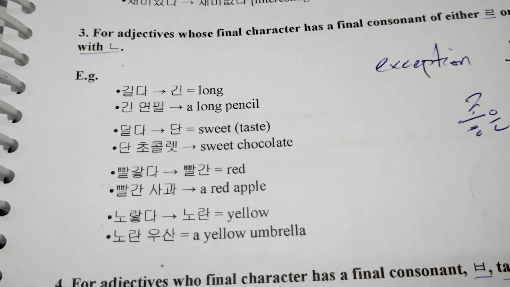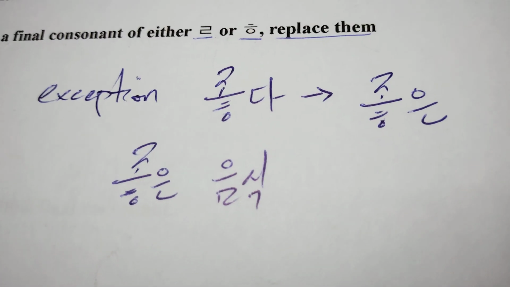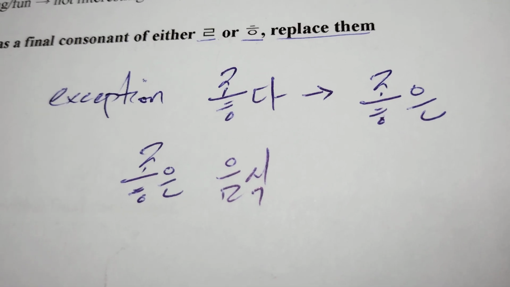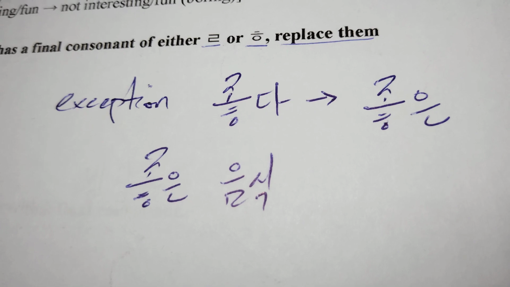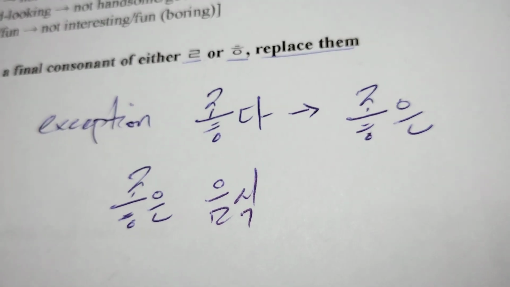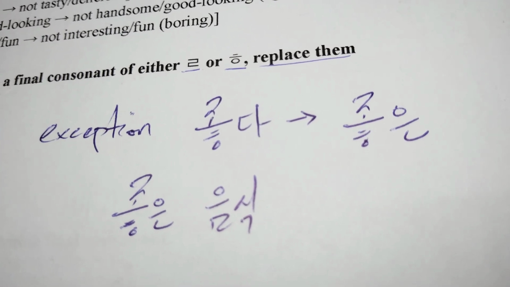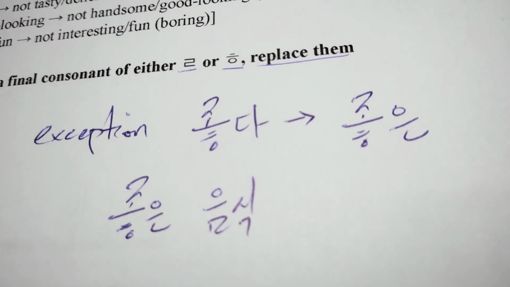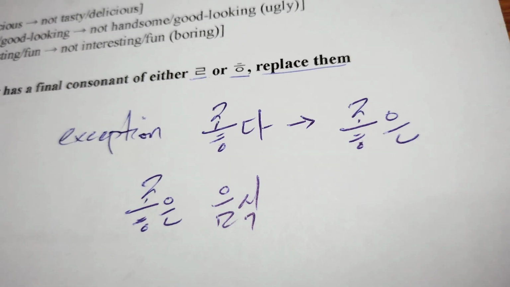An exception to this is 좋다, which means good or you like it. That wouldn't exactly come up when you're talking about adjectives, so it would be more like good. In that case, 좋다 would change to 좋은.